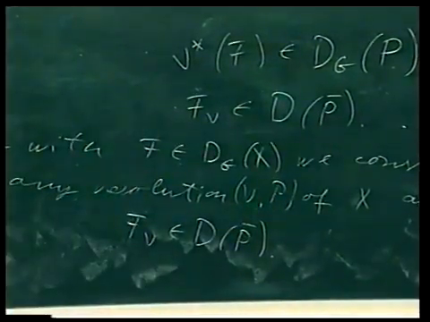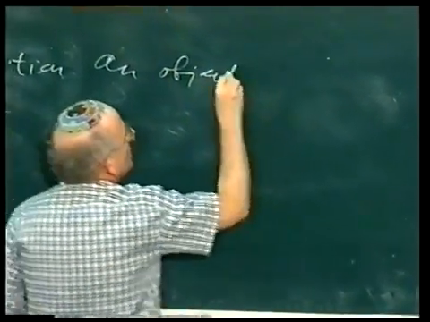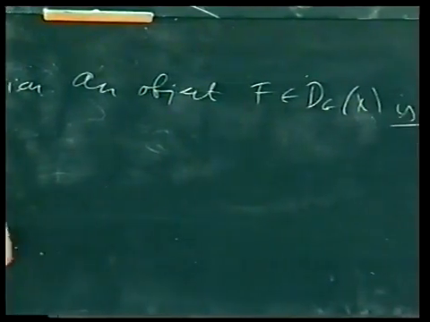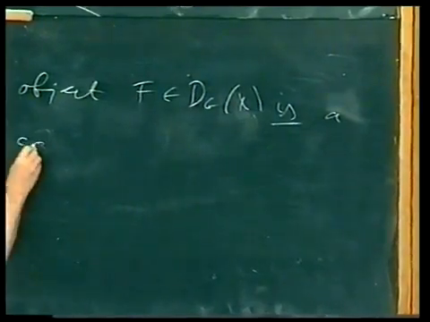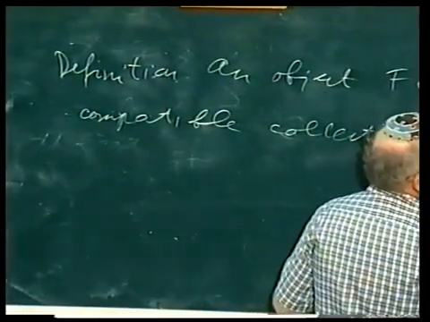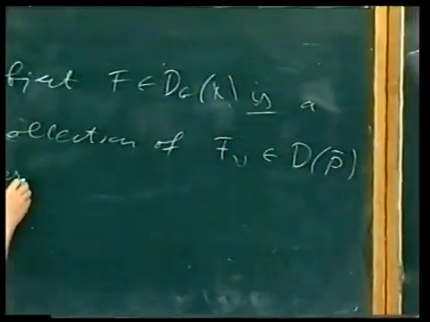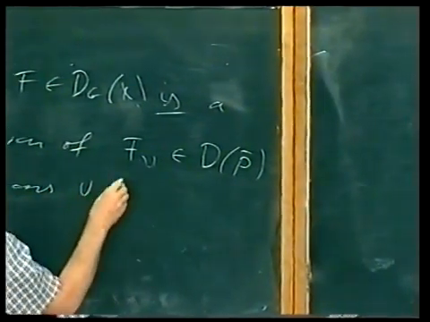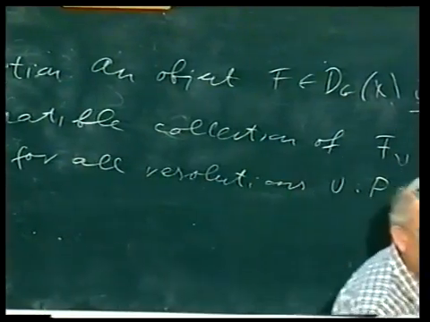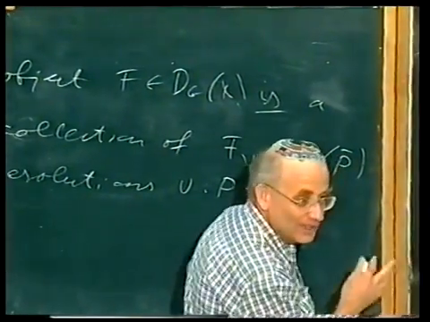Definition: an object F in D_G of X is a compatible collection of objects F nu in D of P bar for all resolutions mu from P into X. The question is, of course, how to work with this definition. It will come in a moment.